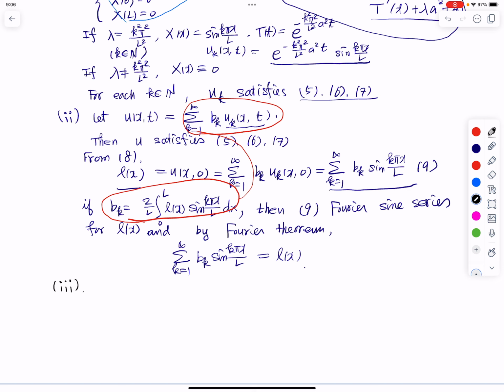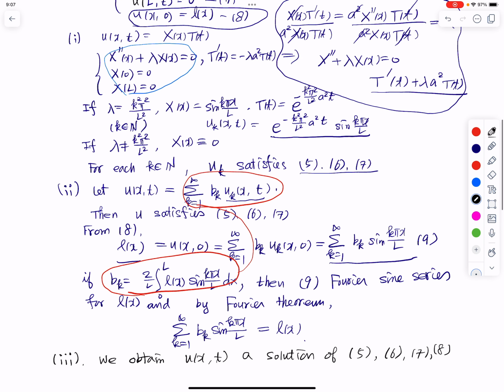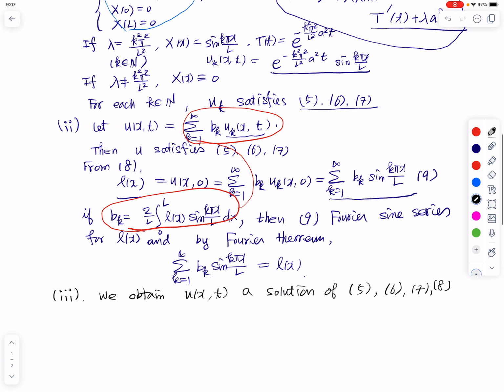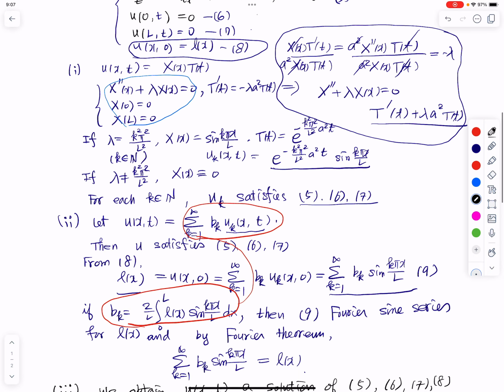So we obtain u(x,t), a solution of 5, 6, 7, 8. Okay, so that's what we had before. So this is step 1.